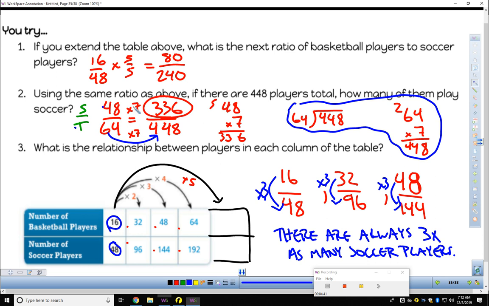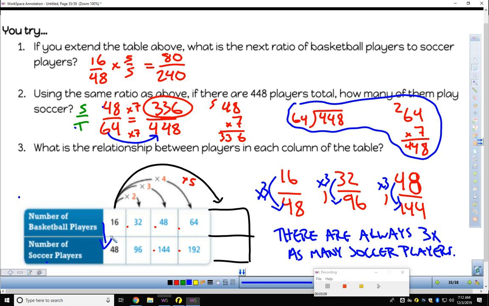And in problem 3, we're looking at the relationship between players in each column. So that is kind of a guess-my-rule situation here. Right, we're actually looking vertically here.